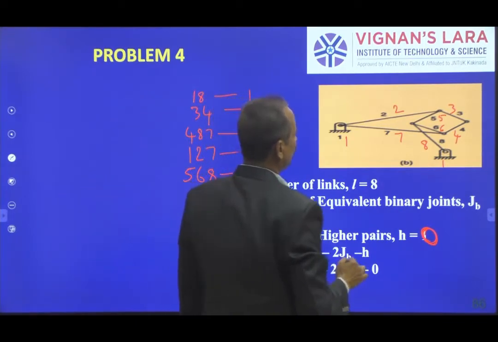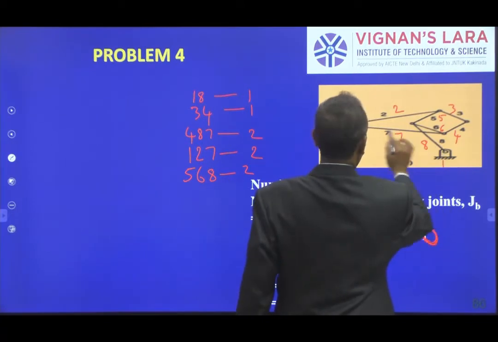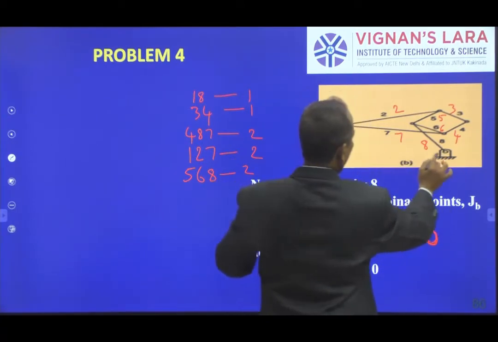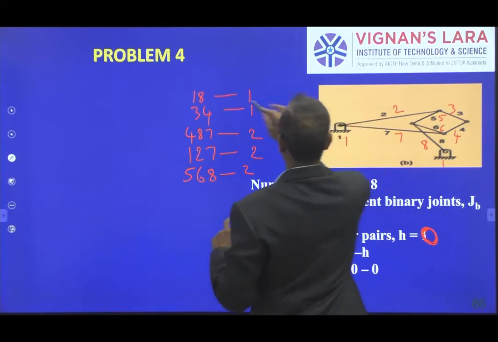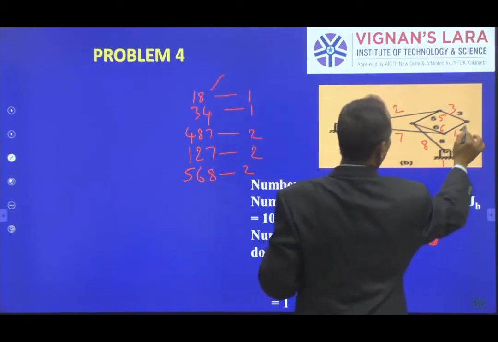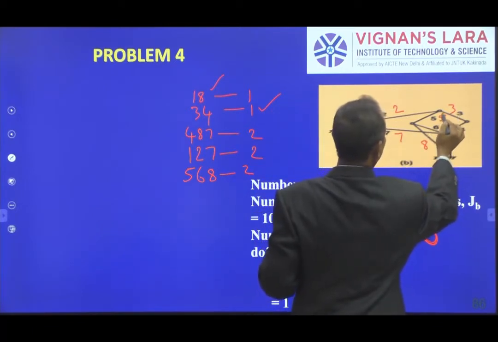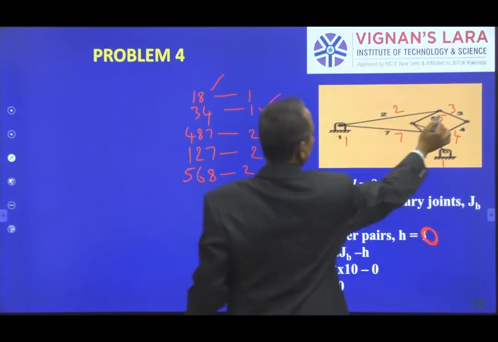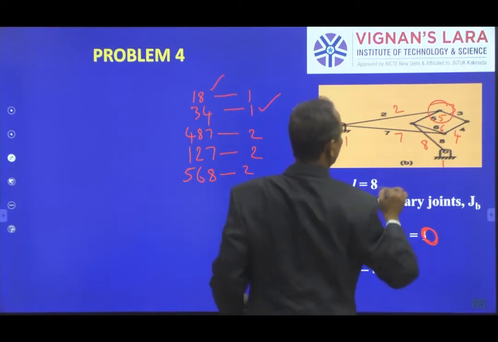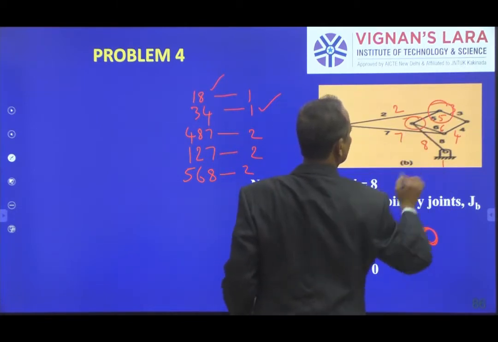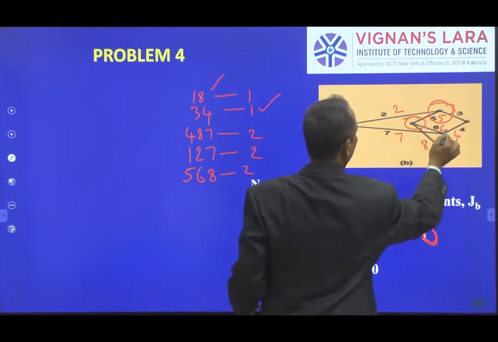Isn't it? So 1, 8 over, then 3, 4 over, then 3, 5, 2. This, okay, and this.